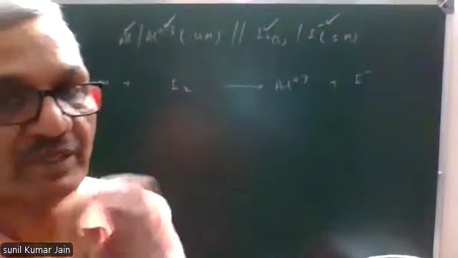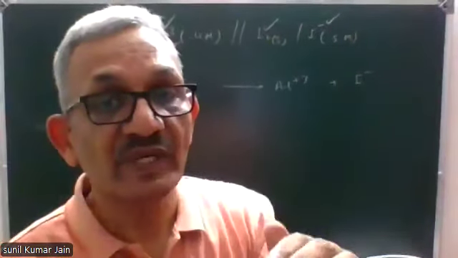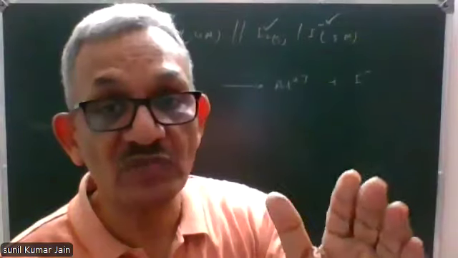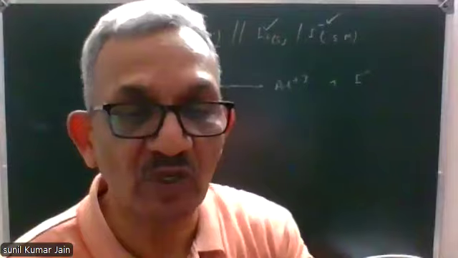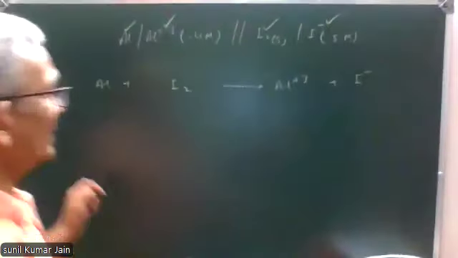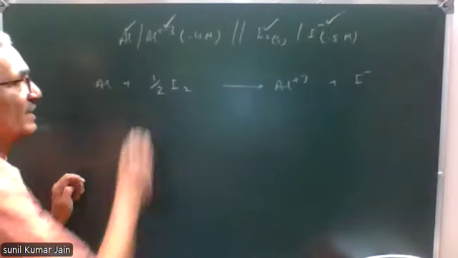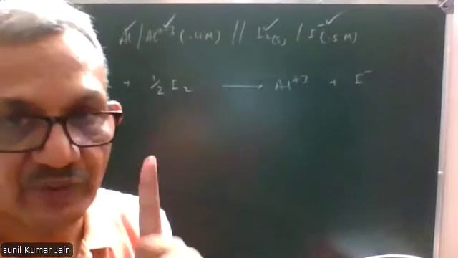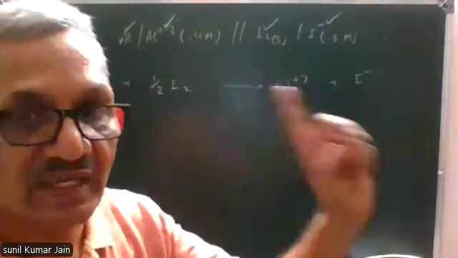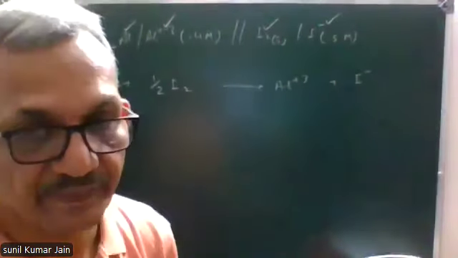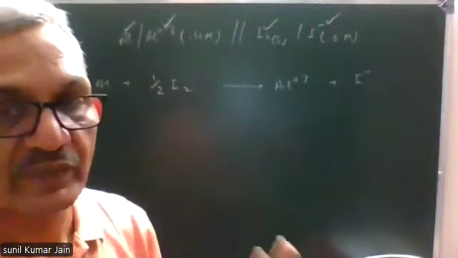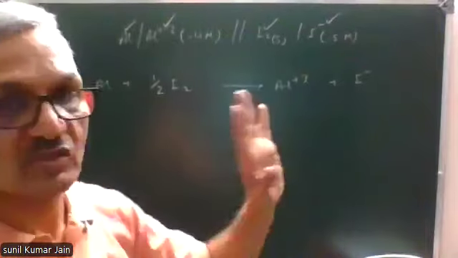Because we are balancing in terms of number of electrons transferred per atom or per ion, it's better I use half on the left rather than I use 2 iodide ions on the right. Now, iodine is balanced, aluminium is already balanced.